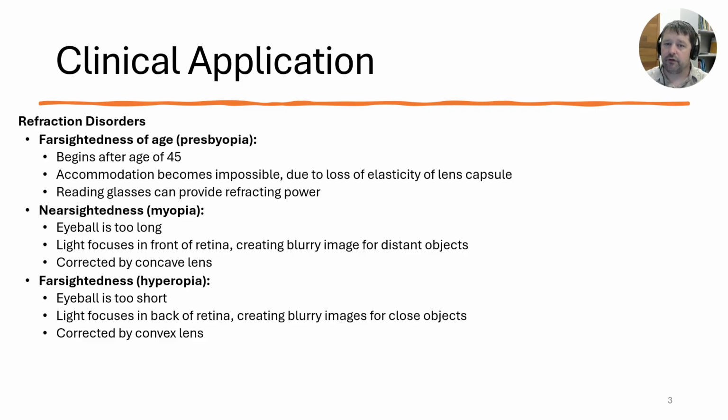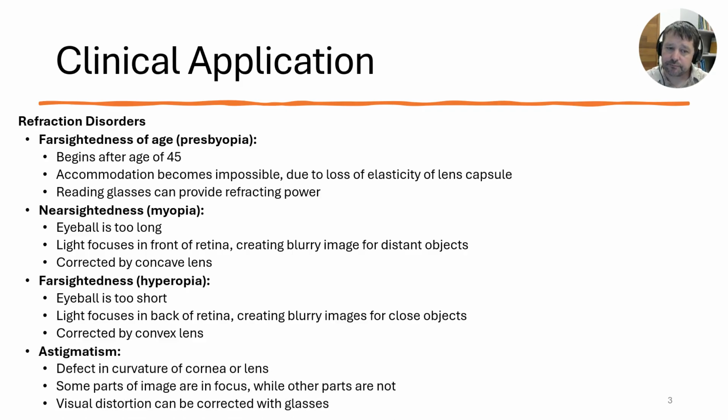They have good genes and their elasticity stays, but for others, you wore it out, and now you need some reading glasses. Hyperopia, on the other hand, is due to an eyeball that is too short, and so you have blurry images for close objects and you can see fine for farther objects. So instead you need a convex lens, so that you can see things up close.